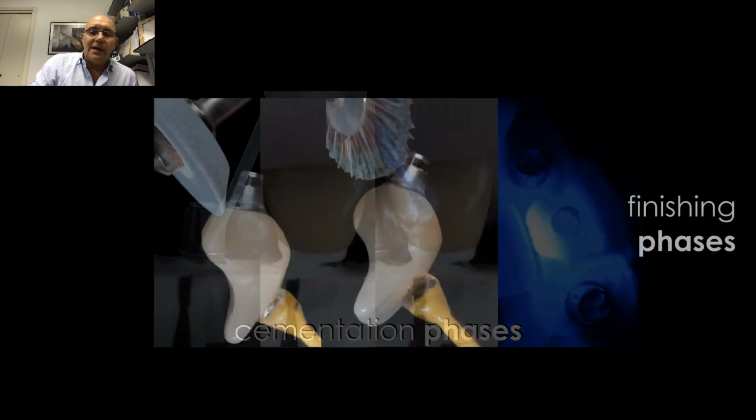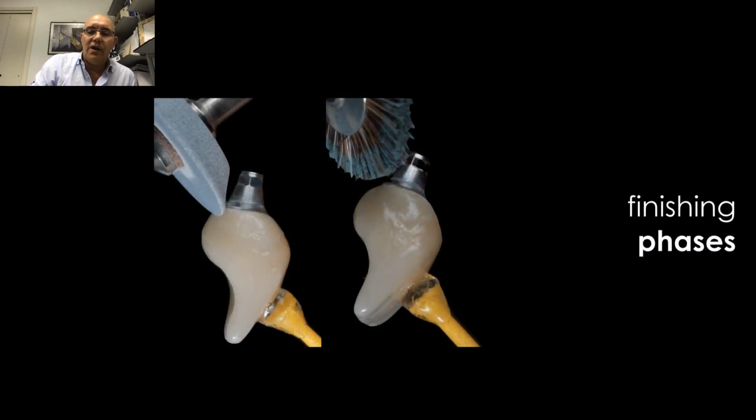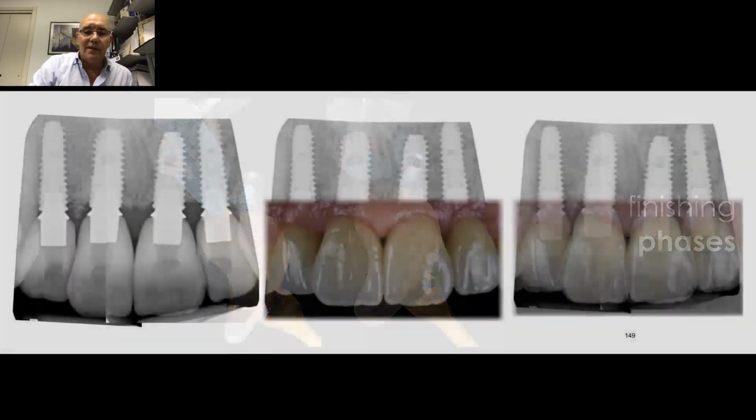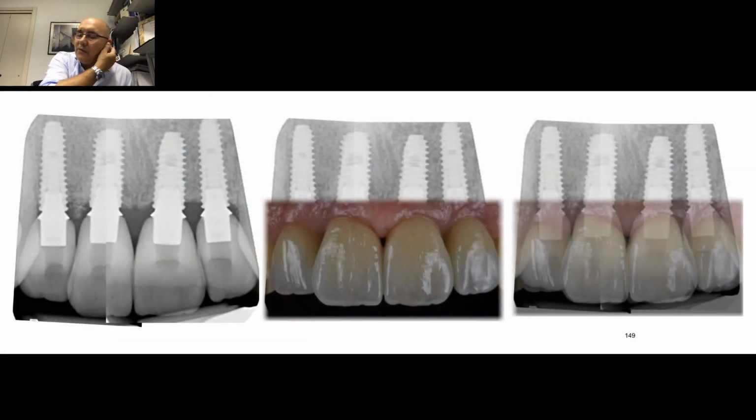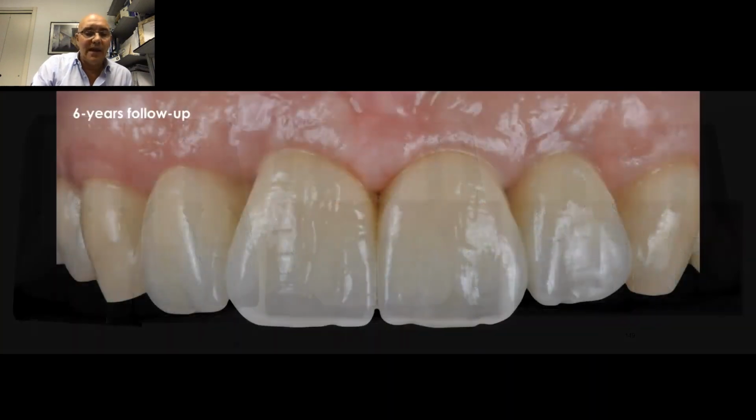Then the crown goes back to Davide for the finishing, the polishing and the perfect cleansing. And this is the final result. You can see that we go from a very difficult situation, looking at the interproximal areas and the black triangles that are very narrow, so you can expect the soft tissue to really become fantastic in a case like this.